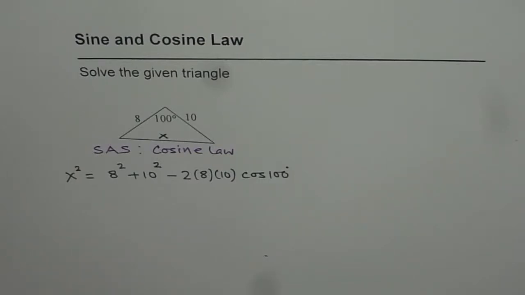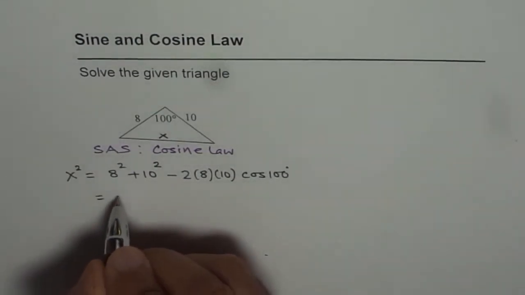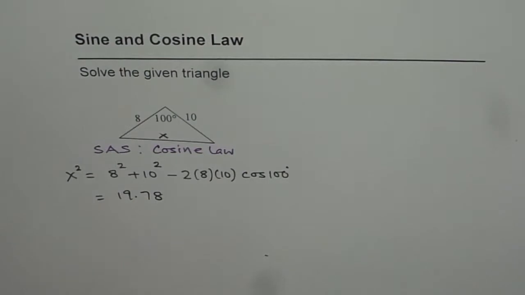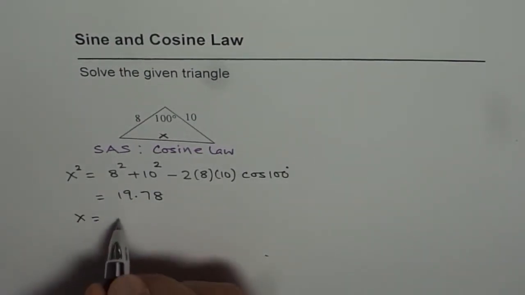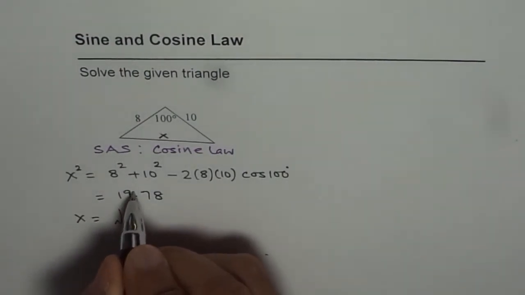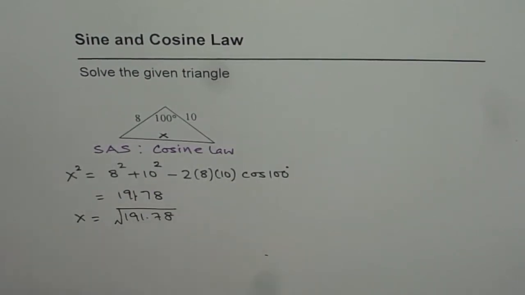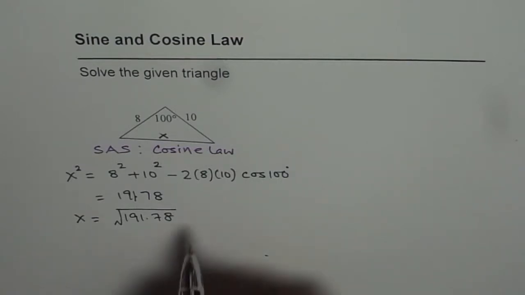That gives us 191.78. Now that is x squared. So x is equal to the square root of 191.78, and that is equal to 13.848.